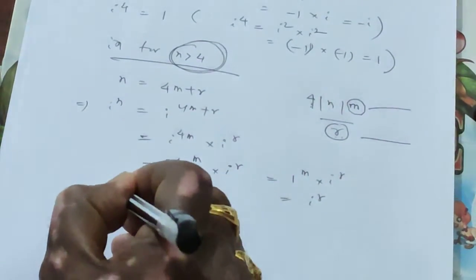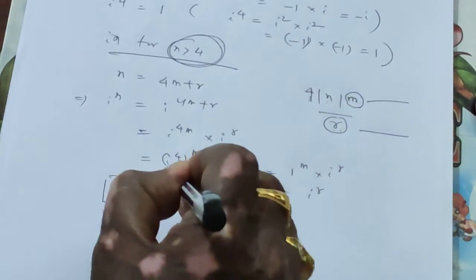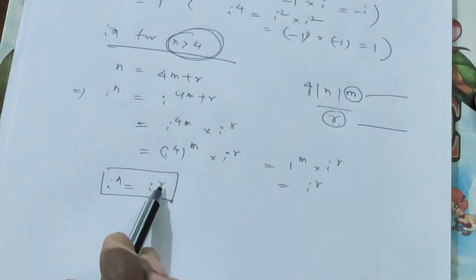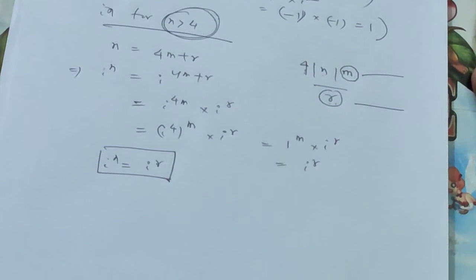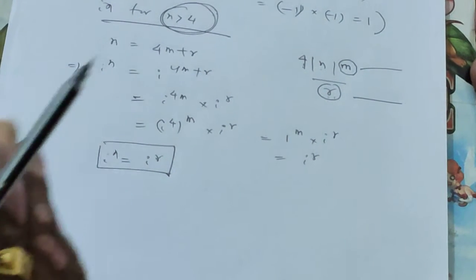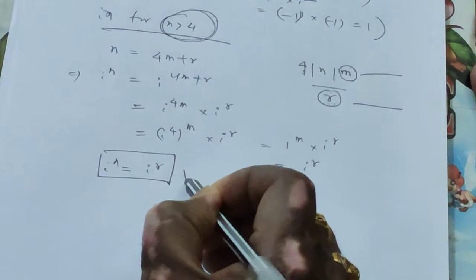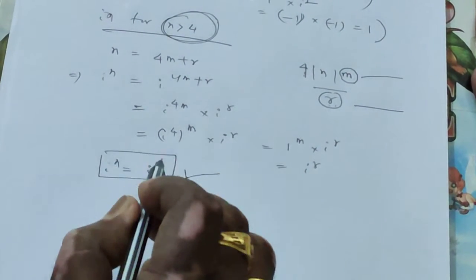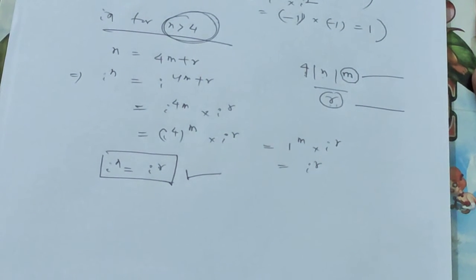So where n is greater than 4, i to the power n equals i to the power r. Here r is the remainder. Thus, the value of i to the power n for n greater than 4 is i to the power r, where r is the remainder when n is divided by 4.